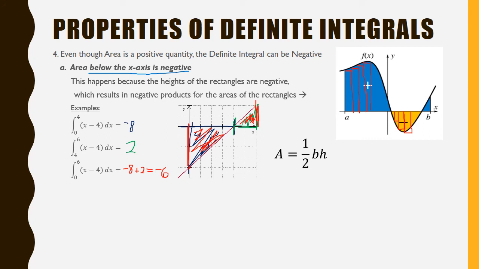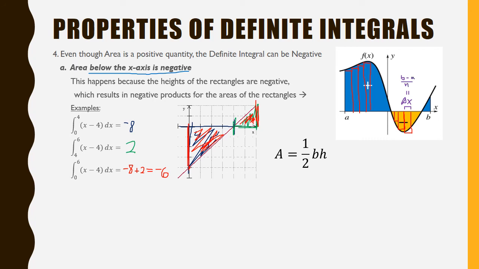But there's one more way to get negative area, and that would be by having negative width for our rectangles. This is a little different, and the width of the rectangles, remember, is delta x. Delta x was how wide our rectangles were. And if you remember, delta x was calculated by doing b minus a over n.